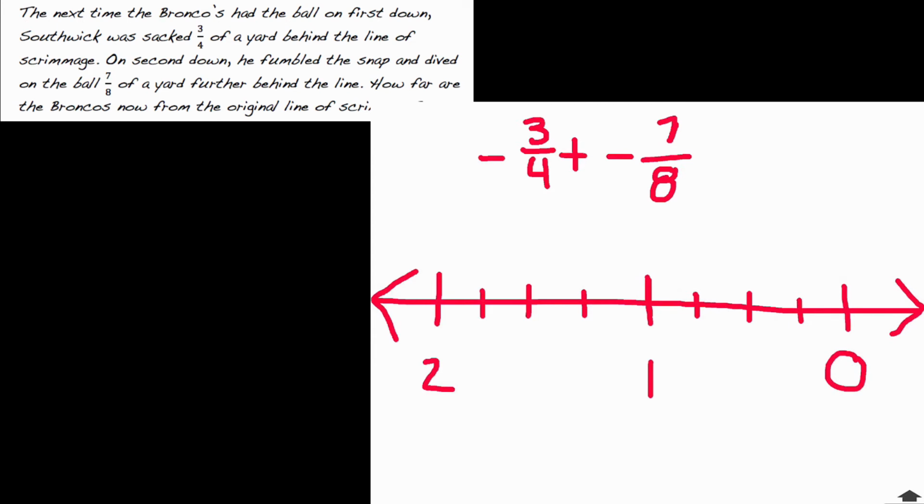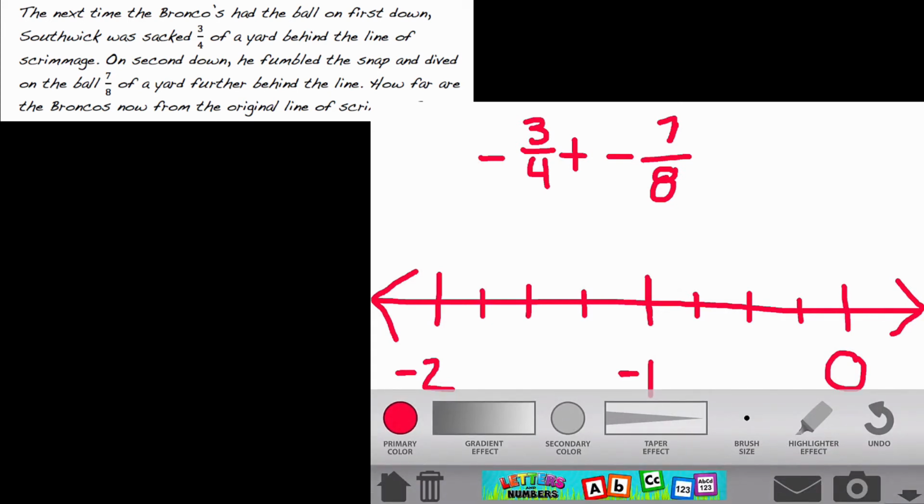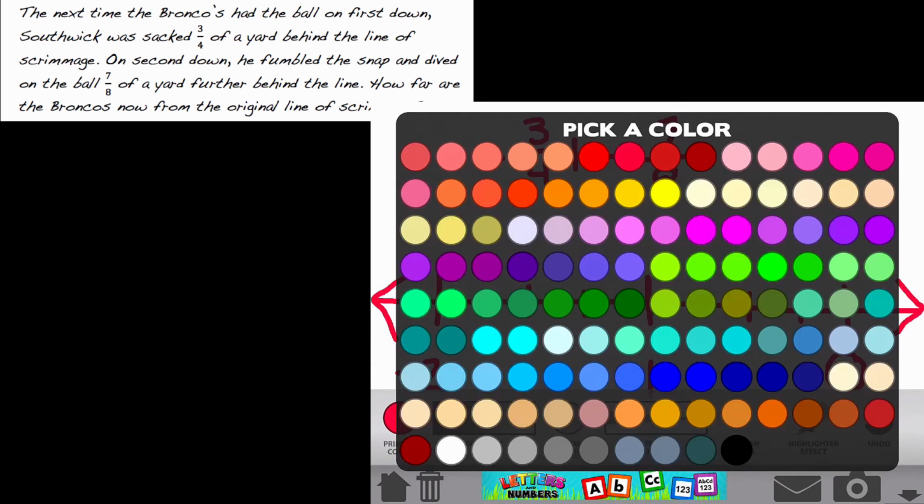Now I've already drawn out my number line. Because I know that the Broncos moved backwards both times from my story, I just went ahead and used the negative part of the number line. So this is -1 and this is -2. In the first part of our problem, he was sacked 3/4 of a yard behind the line. So we can start at the line, which is 0 again.